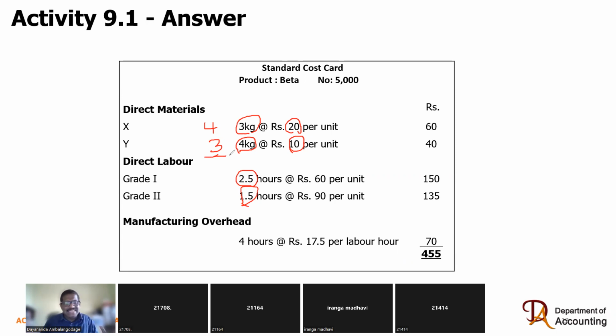So in other words, by using the standard costing card, we are trying to discipline our employees. We are trying to control our employees. So the standard cost card itself has the power. You may think that power is always with people. No.